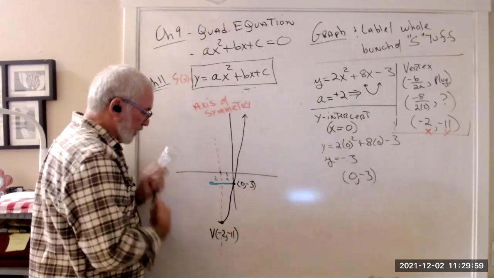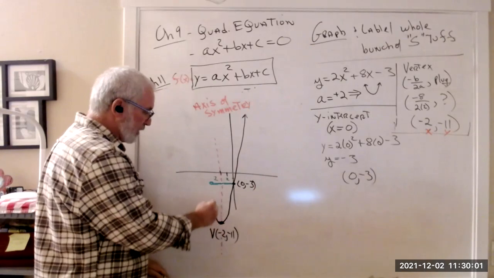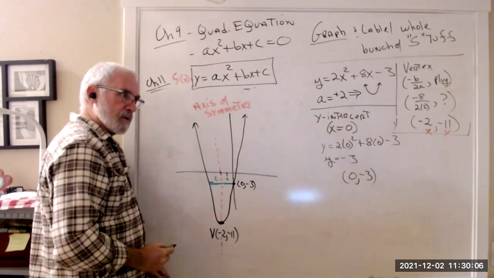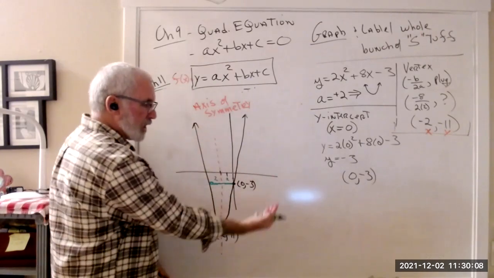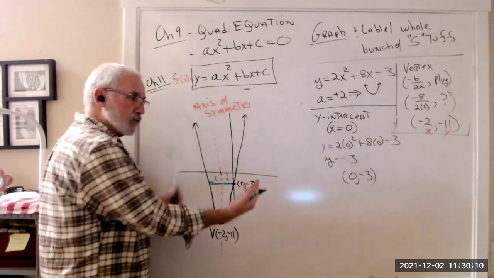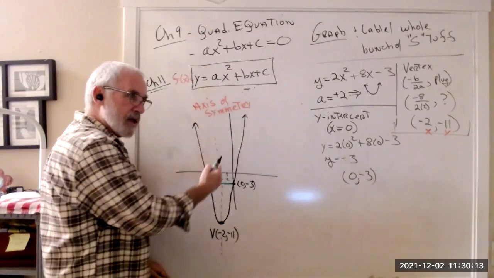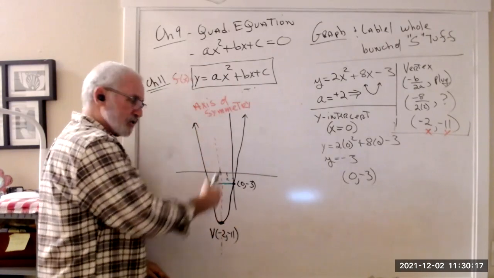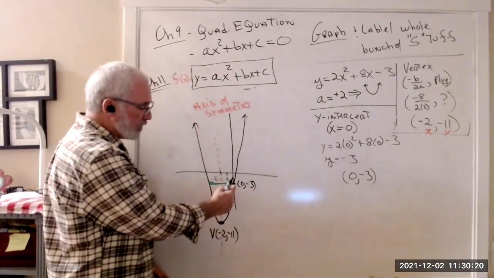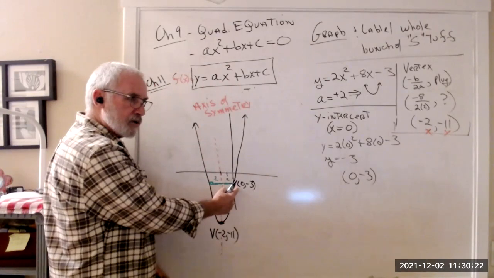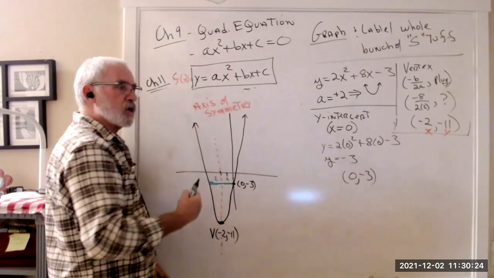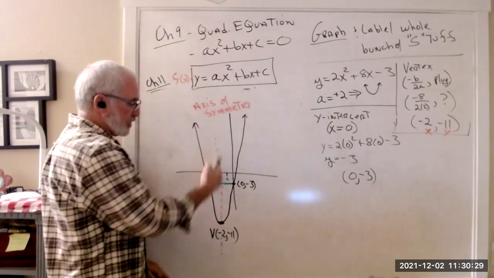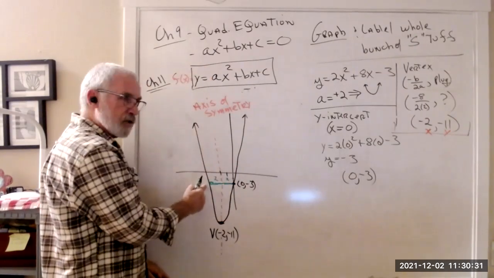And that tells me then that the other side of my graph looks like that. The right side and the left side are identical to each other. They're mirror images of each other over this line, this axis of symmetry. So once you find the y-intercept, you do what's called a reflection. You flip it over the axis of symmetry to find its other point over here.